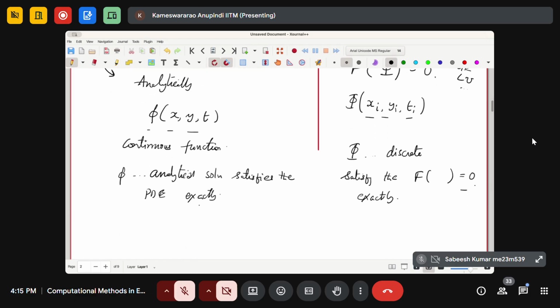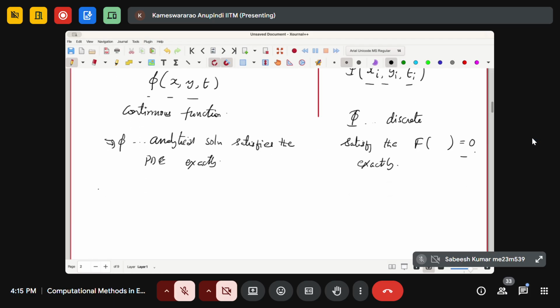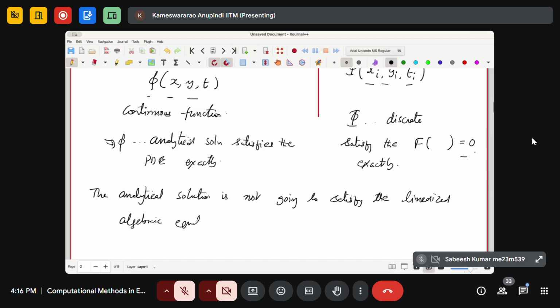However, this analytical solution is not going to satisfy the linearized, or even otherwise, algebraic equations, right?